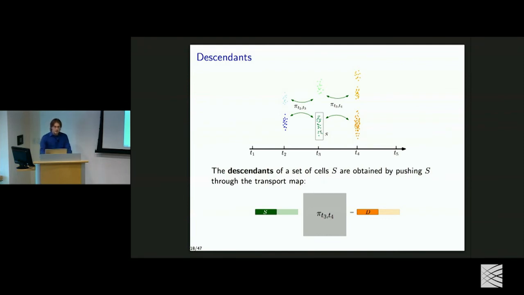Okay, so if we take this set of cells and we come up with a vector with a bunch of 1s on these cells and 0s everywhere else, and then you just push this vector with matrix multiplication through the transport map, then you obtain a distribution on the cells at the next time point. Okay, and this distribution, like is indicated in this picture here, the descendants would be more concentrated in this conceptual diagram on this group of cells here.